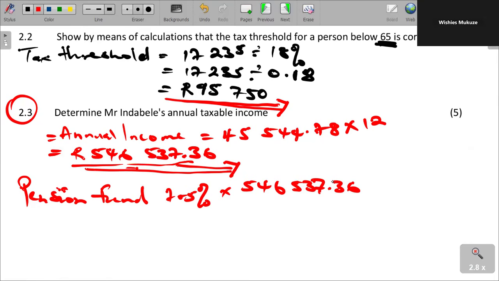This is equal to 7.5% over 100, which is 0.075, multiplied by the same value, 546,537.36.